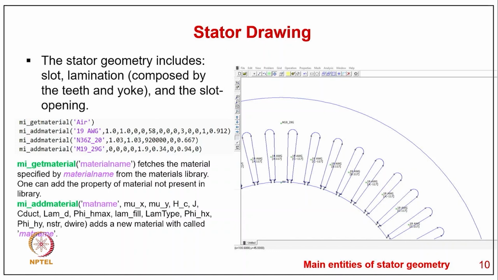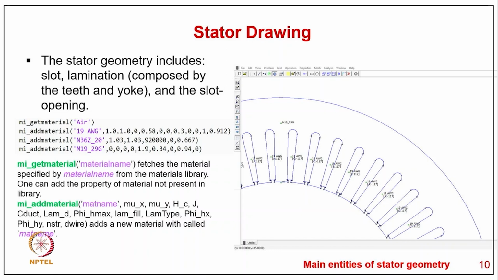You can see here MI get material layer, MI add material 19 AWG with the parameters, and MI add material N36Z20 with different nodes, MI add material M19 underscore 29G again with the property.